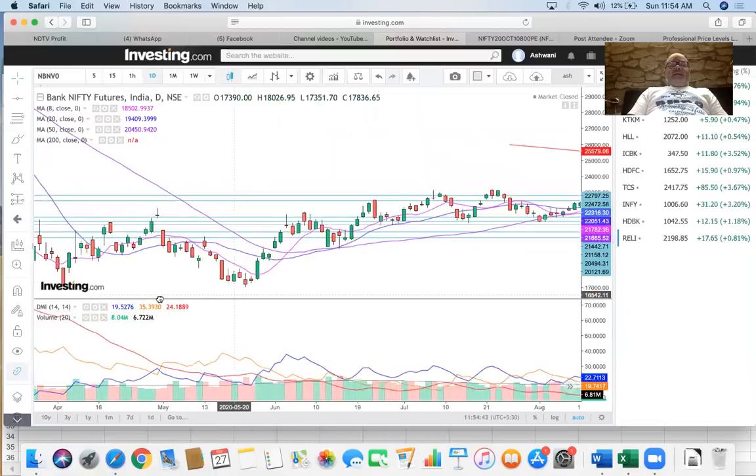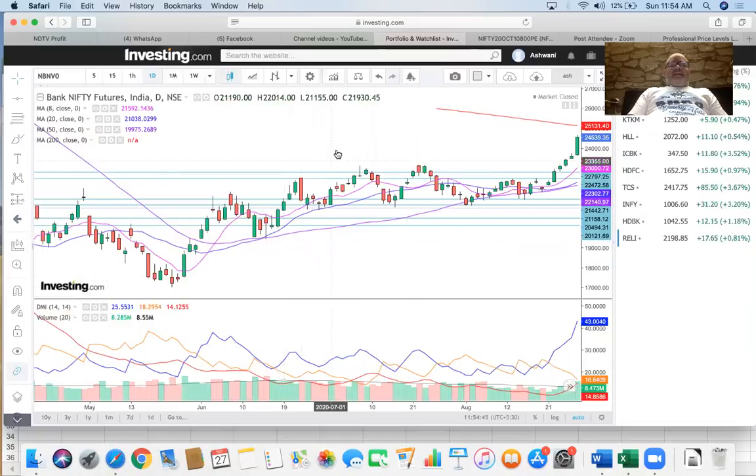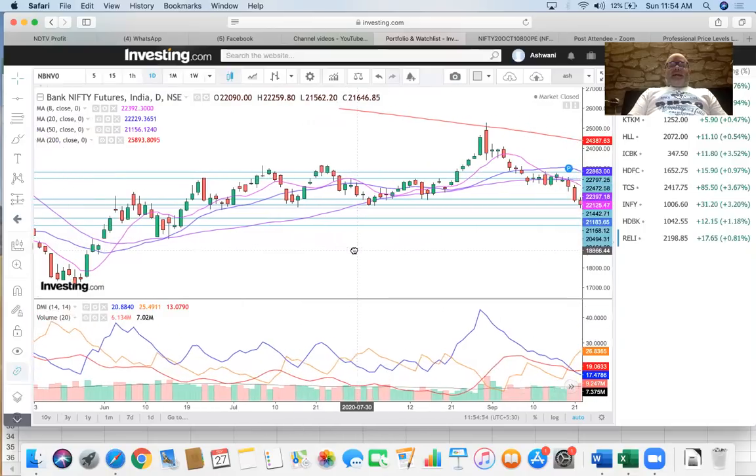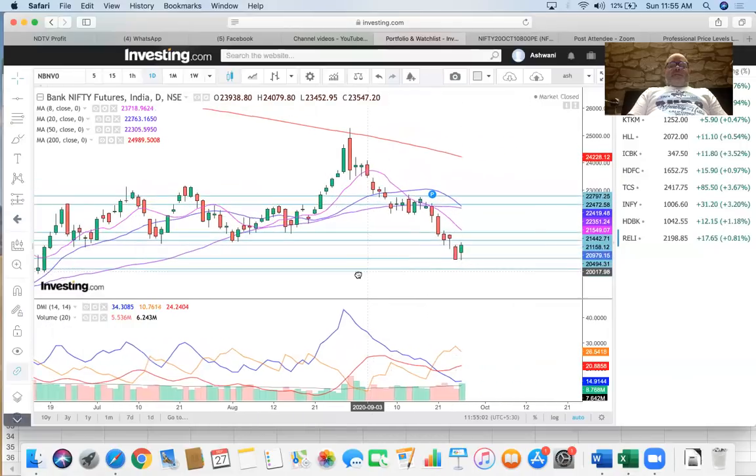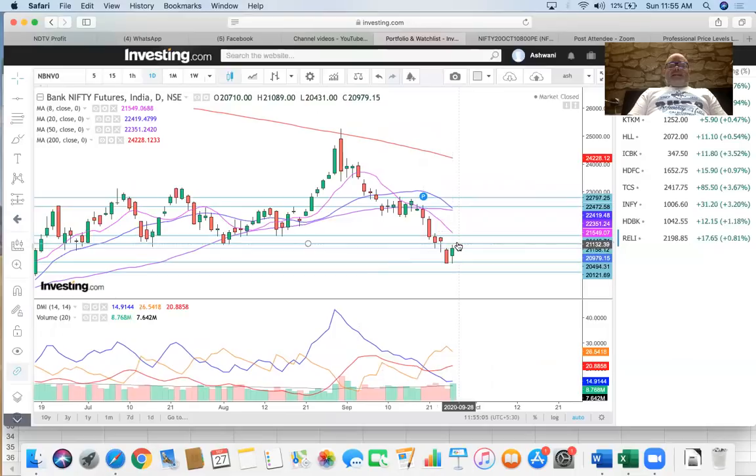So basically this kind of zone is what you have to be looking at, where the maximum number of points are coinciding. So we have upside resistance right at where we are standing, 21,151 to about 21,416.